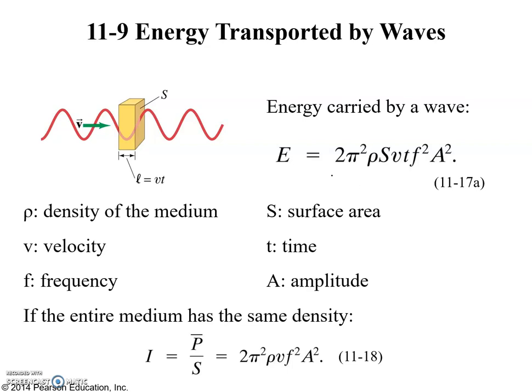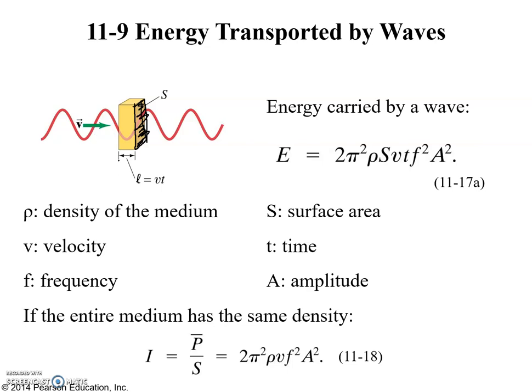Okay, so I know this is a pretty big, complicated looking formula here, and it is. But this is for the energy carried by a wave. So again, we need to look at the energy being transported through a rectangular area here.